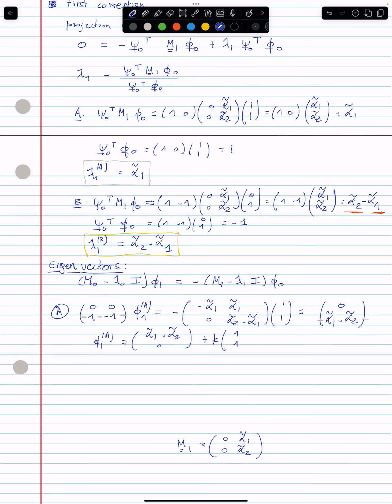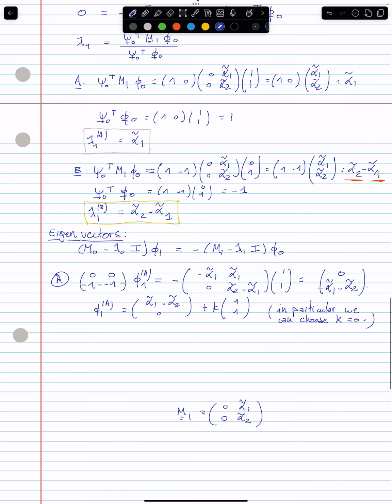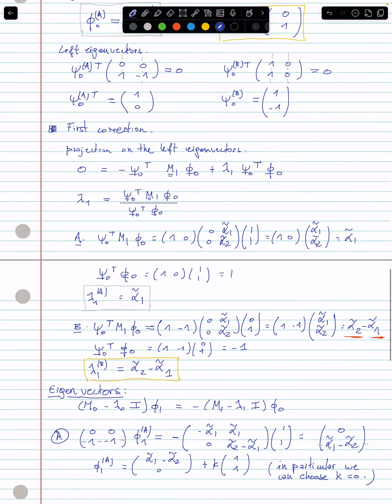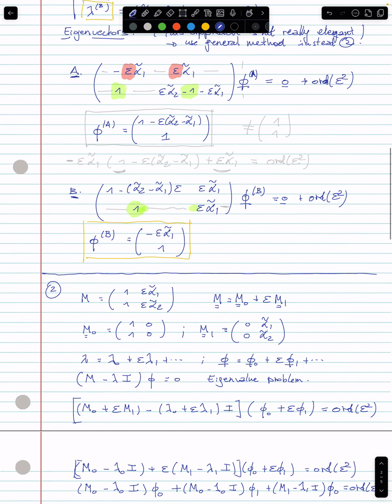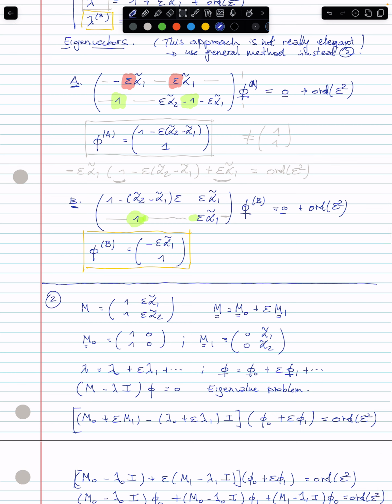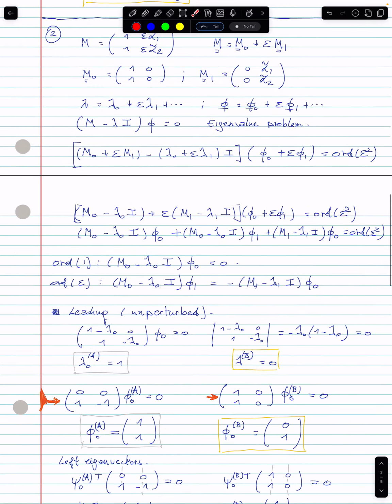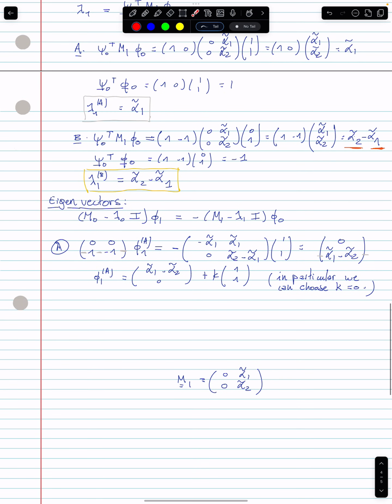In particular, we can choose k equal to 0. And doing this, of course, this is why I was looking at what we had earlier, we obtained the same expression as what we had before. Then let's go to the second equation, b.